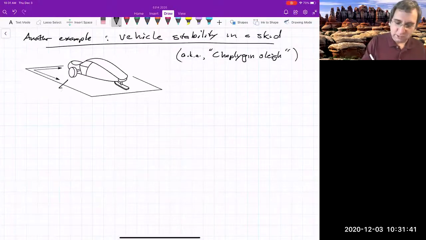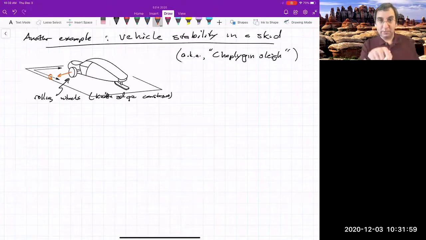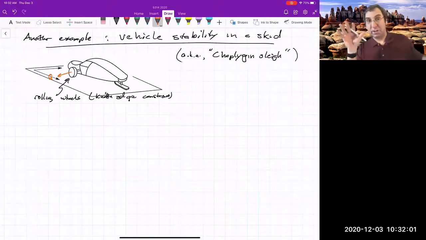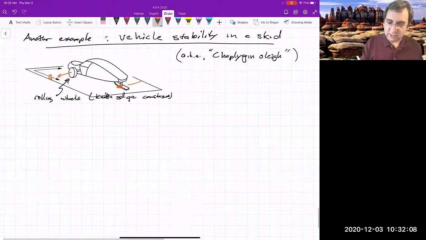You've got these rolling wheels, and those have a knife edge constraint. Meaning, write the normal vector, and there's no motion of that rear side of the car in that normal direction. And then this thing is able to move freely. So these are the skidding wheels.